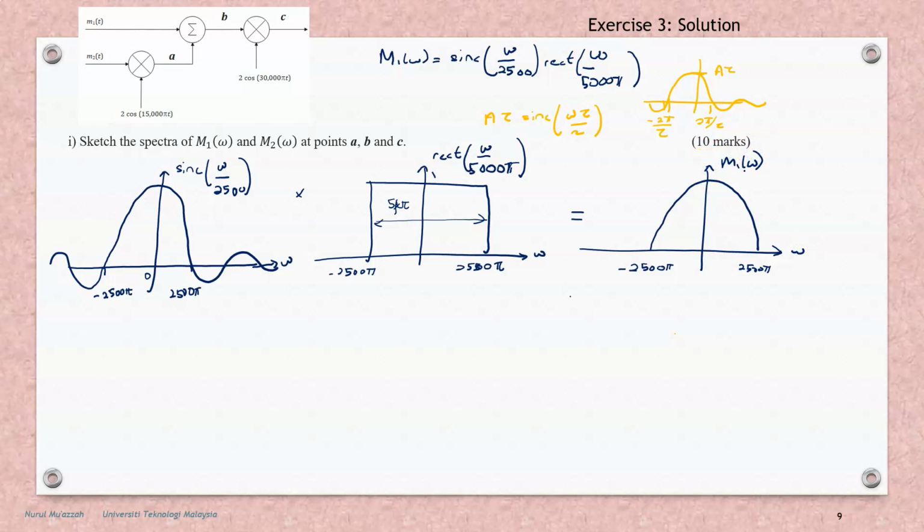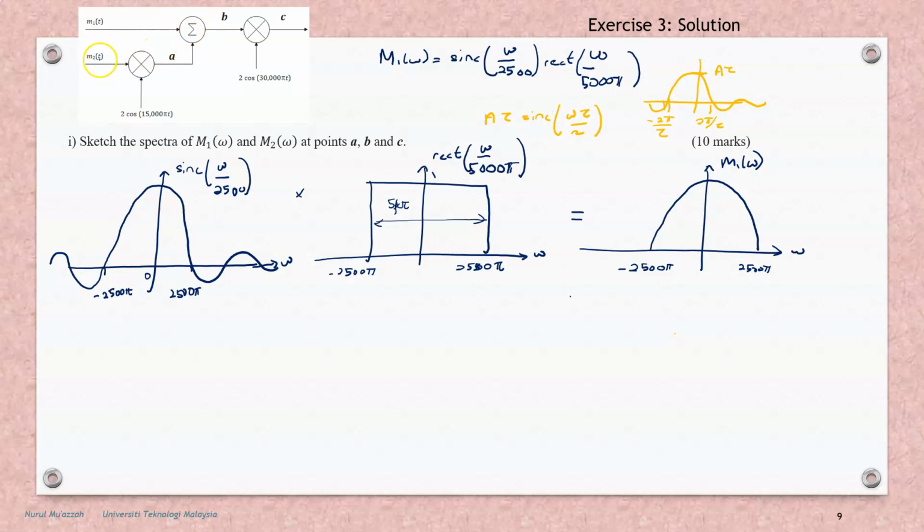Once we obtain M1 omega, we can perform the modulation so that we can obtain the spectra of M1 omega at points A, B, and C. So M1 omega here is the first answer, before it is being summed with M2 omega.